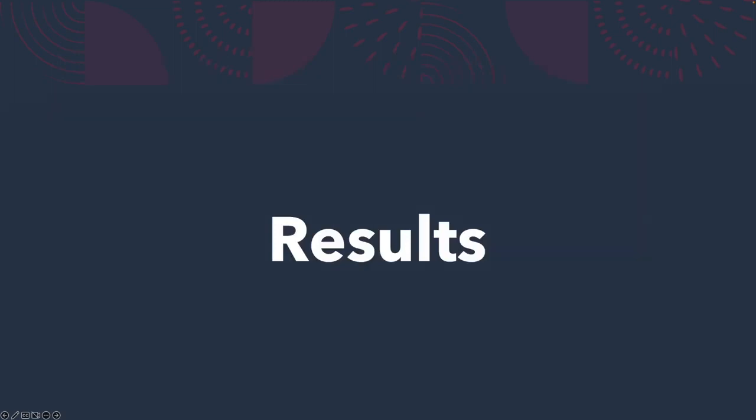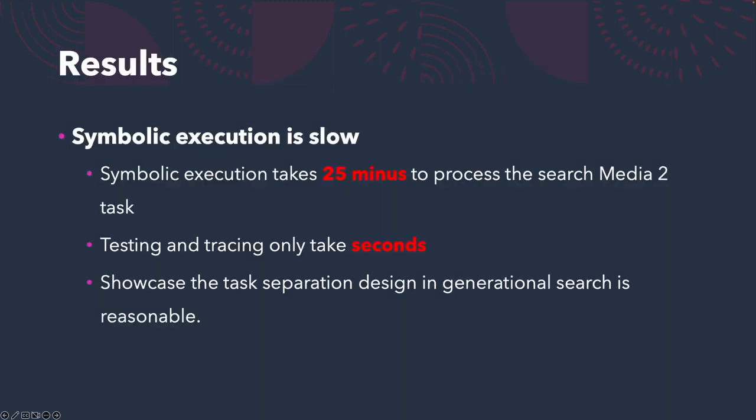So let's talk about the results. The authors noticed that symbolic execution is much slower than the tracing and test time. It shows that the separation of the test task from the symbolic executor task is really helpful to let the generational search optimize the symbolic execution efficiently.